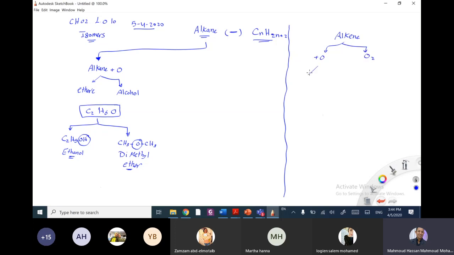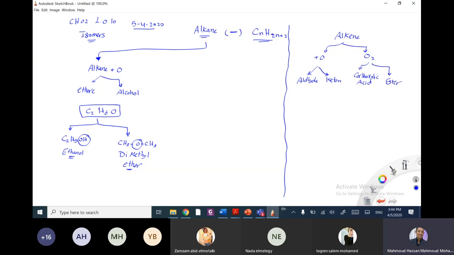Plus O gives us aldehyde and ketone. Plus O2 gives us carboxylic acid and ester.